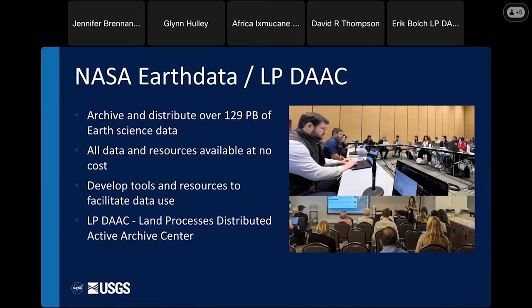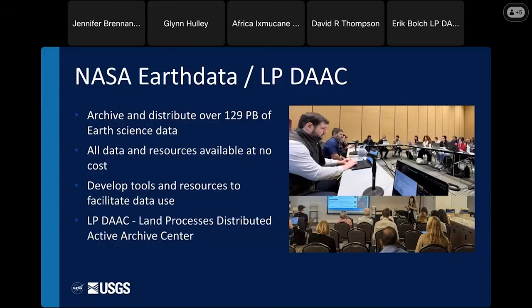So what is NASA Earthdata and the LPDAC? So essentially, NASA Earthdata is the organization responsible for archiving and distributing all NASA's Earth science data. Right now, there's about 129 petabytes. So if you're unfamiliar with that, that's 129 million gigabytes of data.